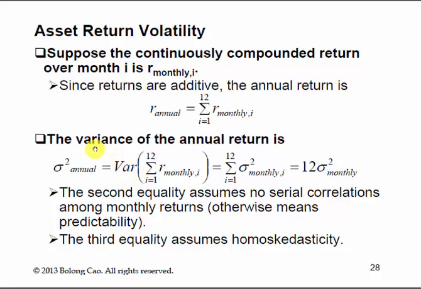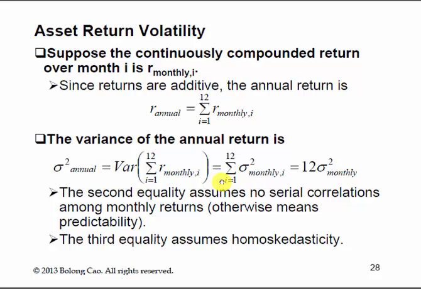Okay, then we can think about the variance of the annual return, and this is a summation. We take the variance of the summation of the 12 monthly returns, and if we assume there's no serial correlation, in other words, each of these monthly returns has no relationship with one another, independent of one another, you simply sum up the individual variances.